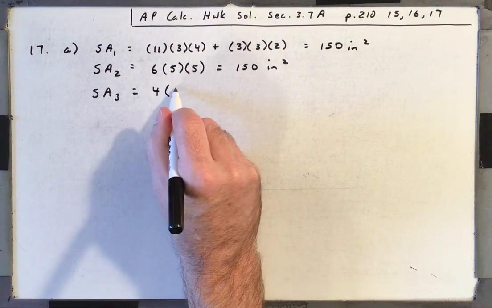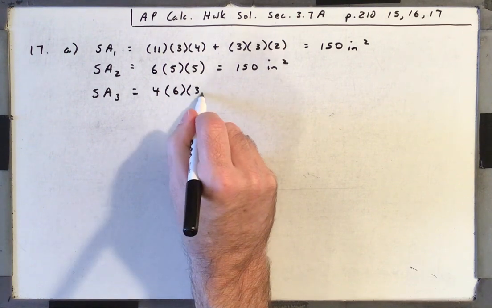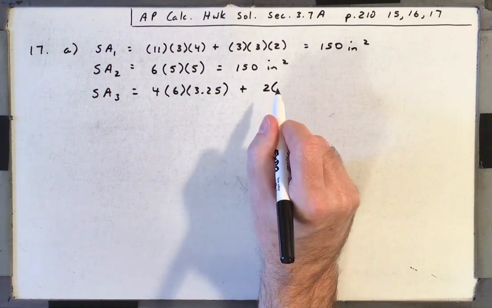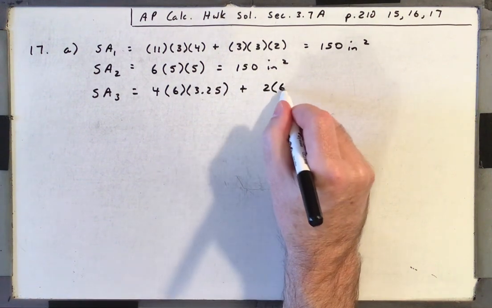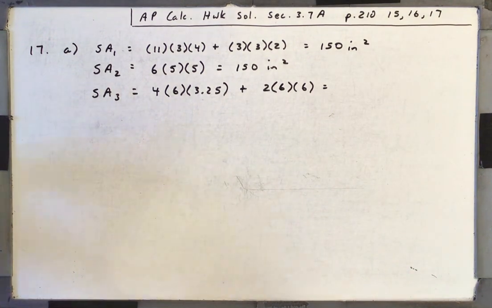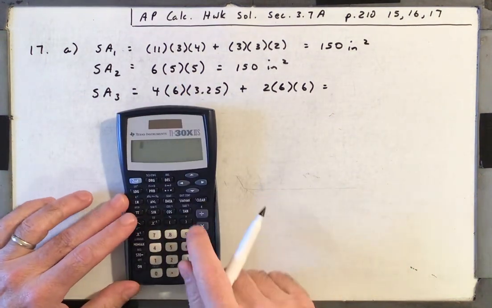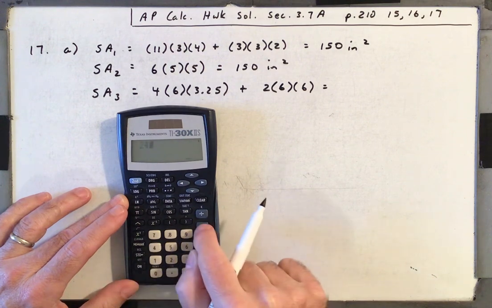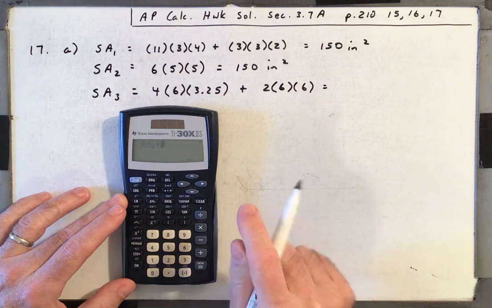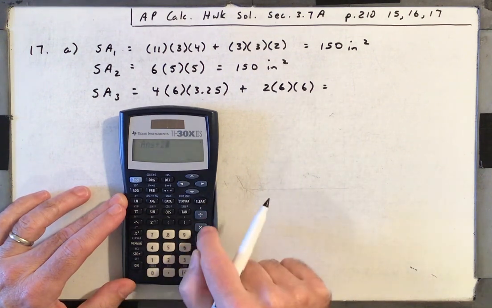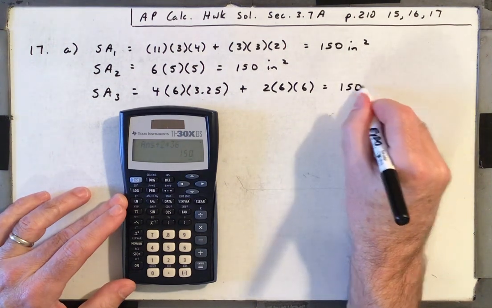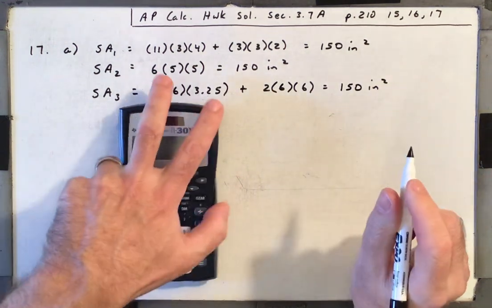So 4 sides, 6 times 3.25, plus 2 sides that are 6 times 6. All right, so just double checking this. That'd be 4 times 6, 24 times 3.25 plus 2 times 36, 150. All right, so there you go.